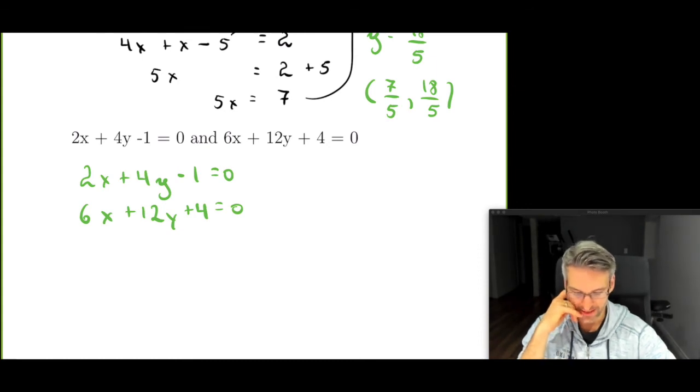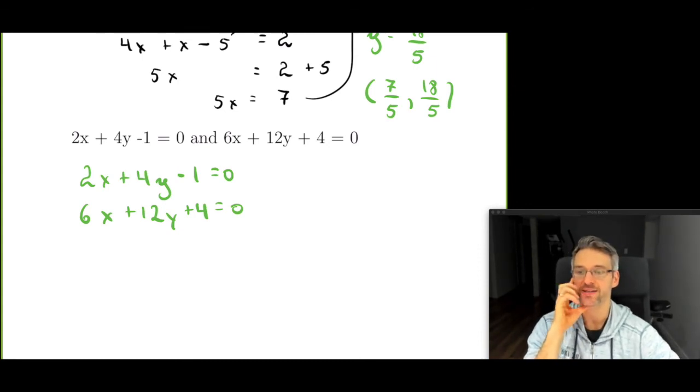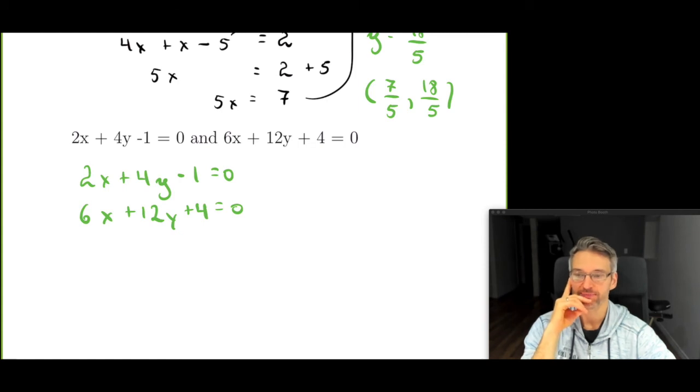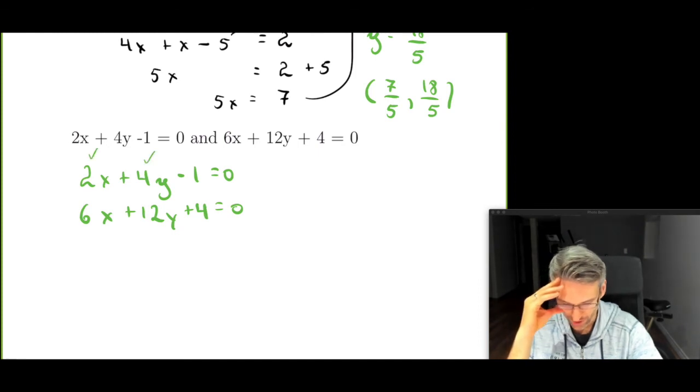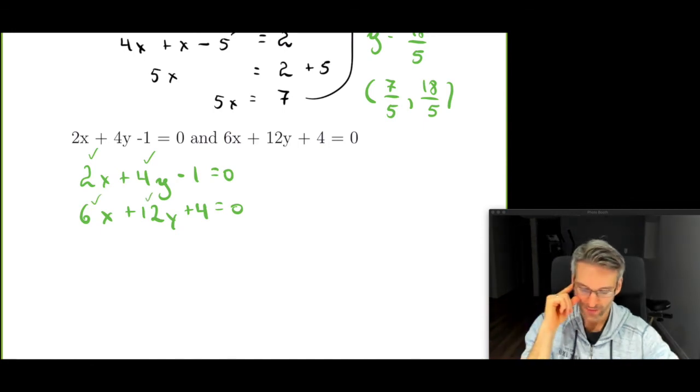So for this example, again, you can isolate for y and then substitute it back into the other equation. But I can actually notice the coefficients: there's 2 and 4, and then 6 and 12.